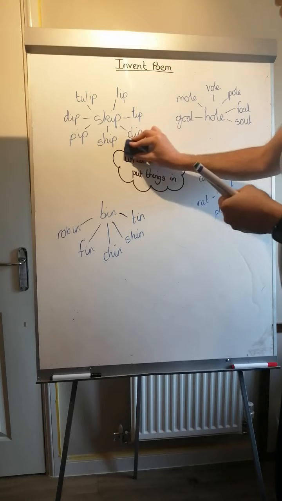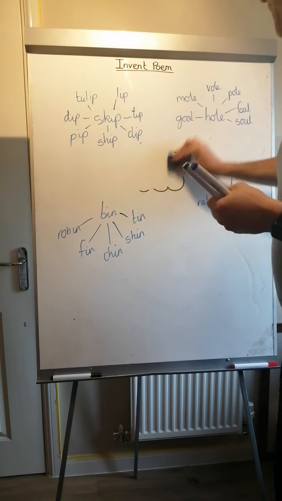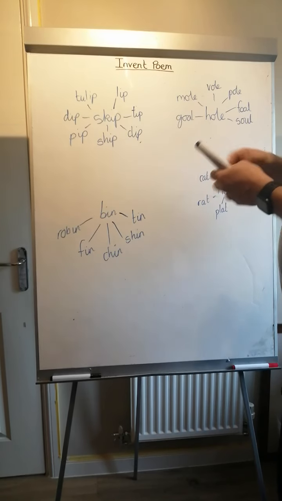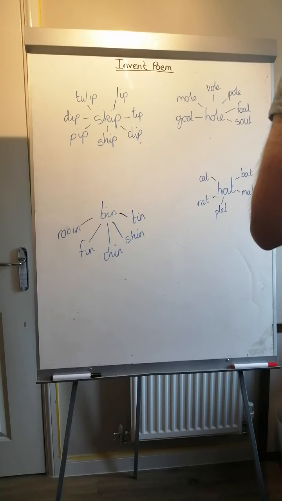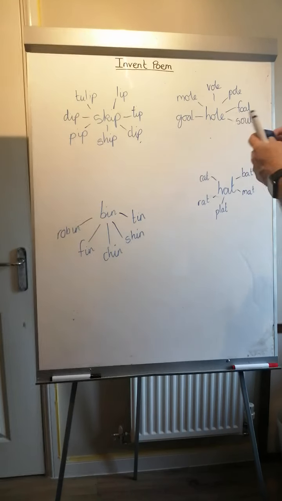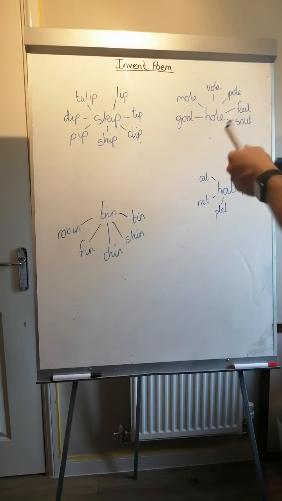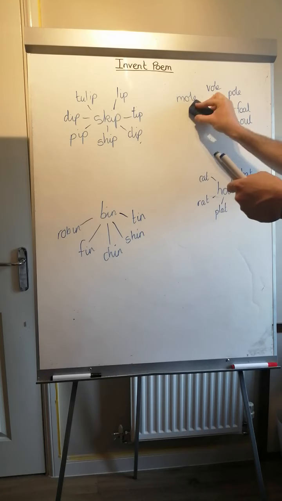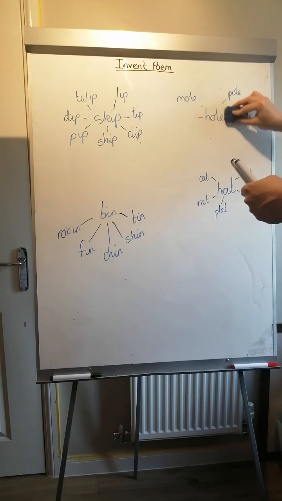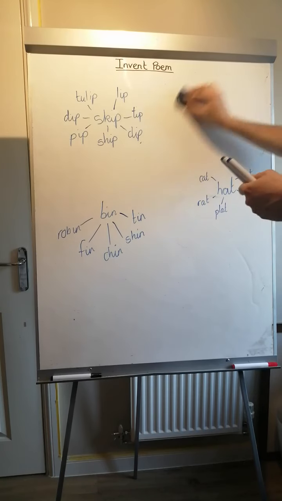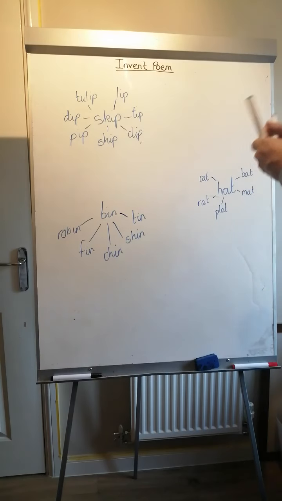So let's see if we can start getting rid of some of the things on here. So I am going to, for whole, I am going to keep mole and pole. So let's get rid of everything else. And what I'm actually going to do is I'm going to write it up here.